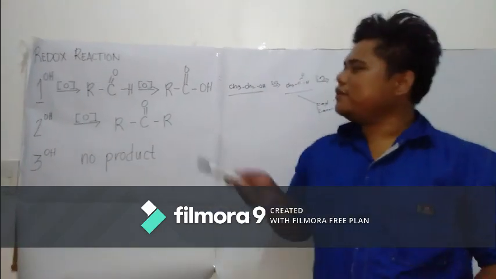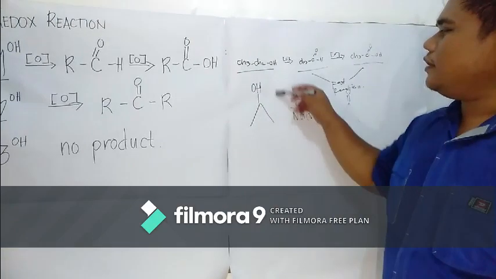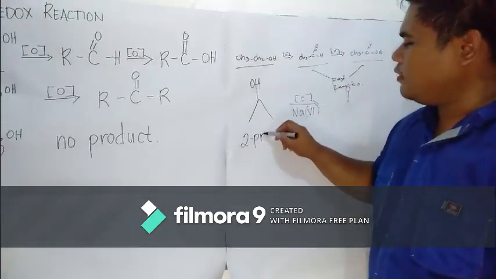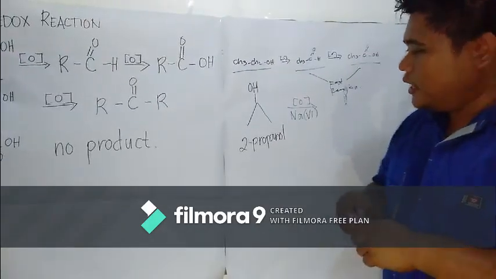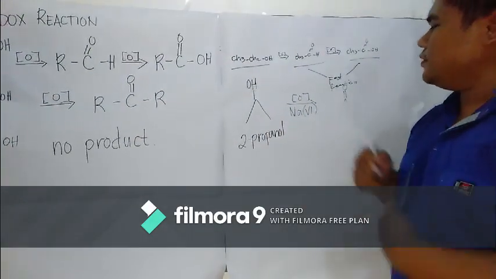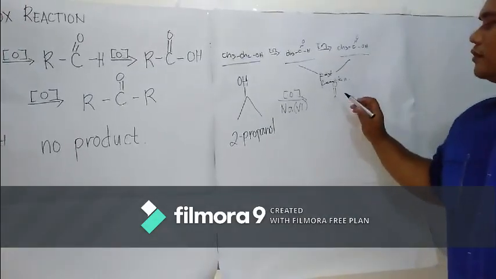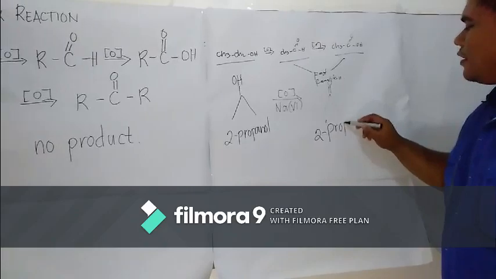So for the further explanation, we have here a secondary alcohol, and we call it 2-propanol. So if the 2-propanol is treated with sodium dichromate, we will form a ketone, and we call it propanone.